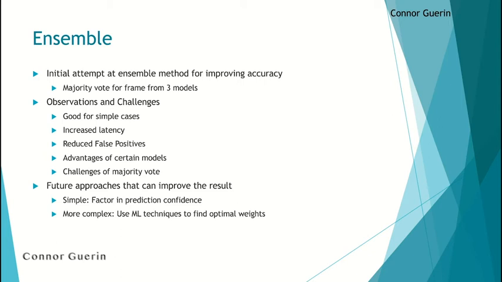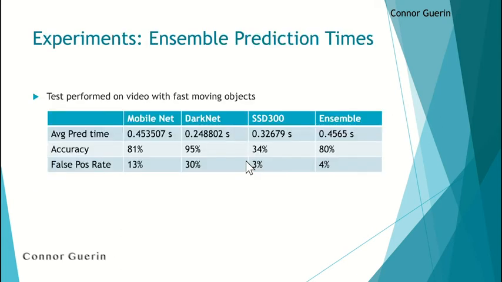Each model seemed to have its strengths and weaknesses, as seen in the following table. Accuracy is represented by the percentage of frames where a car is correctly identified. False positive rate is the percentage of frames where a detection was made on an incorrect object. DarkNet made many predictions.